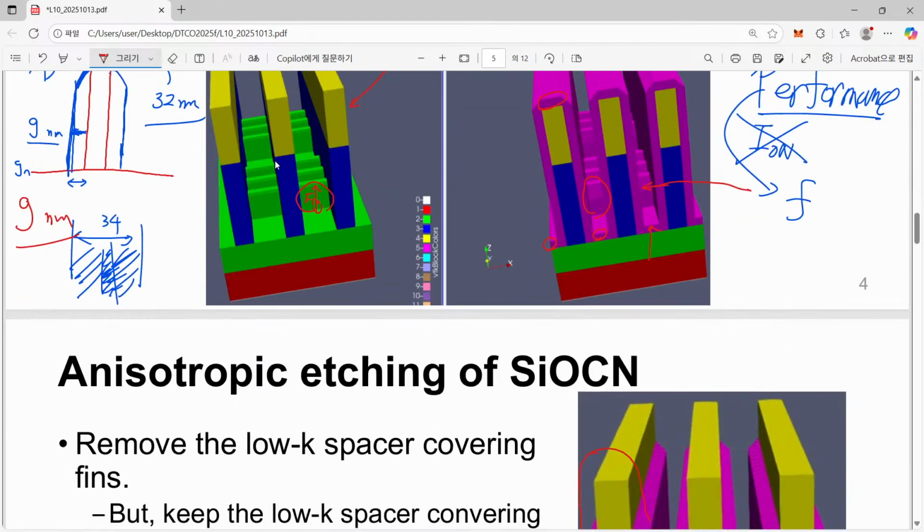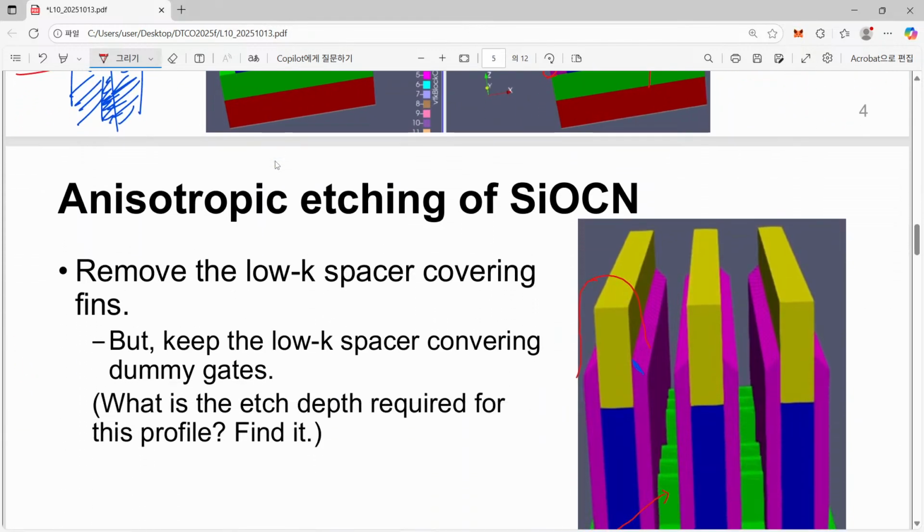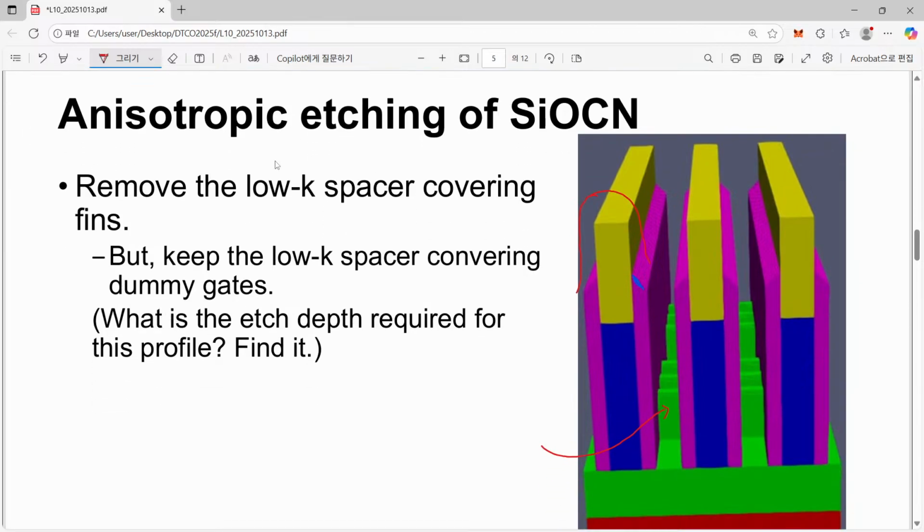this point is, I have to admit that I'm not that certain. Even when we dig out the literature, depending on the company, certain companies just leave this sidewall to guide our later process, or sometimes they completely etch away this sidewall.